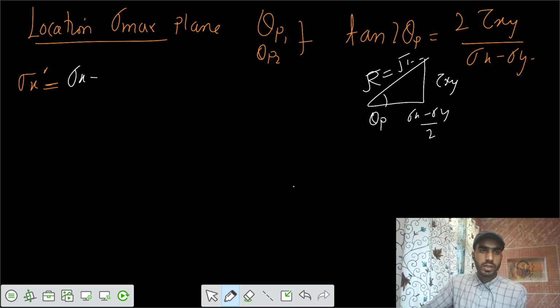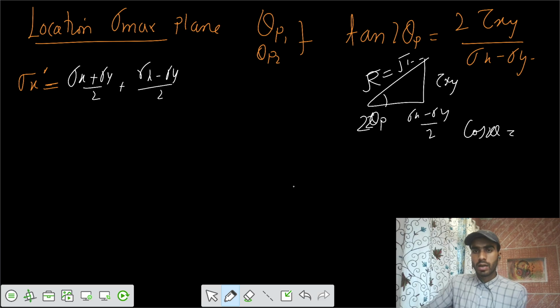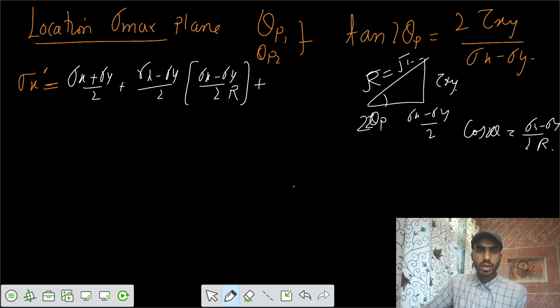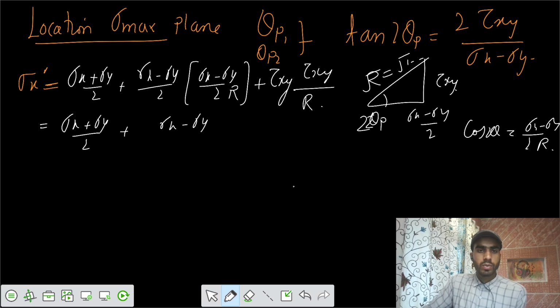If I write that equation, sigma x plus sigma y by 2 plus sigma x minus sigma y by 2 cos 2 theta, where cos 2 theta is base by hypotenuse, I can write sigma x minus sigma y by 2 over r, then plus tau xy sine 2 theta, where sine 2 theta equals tau xy by r.